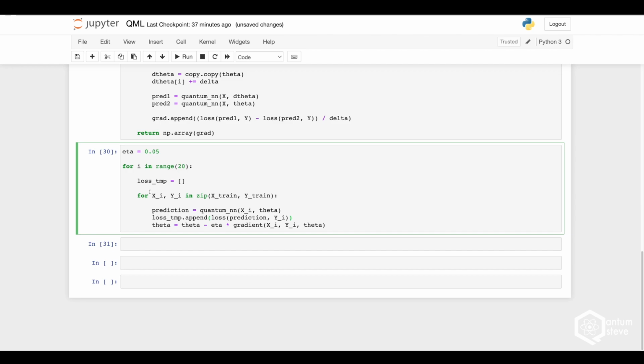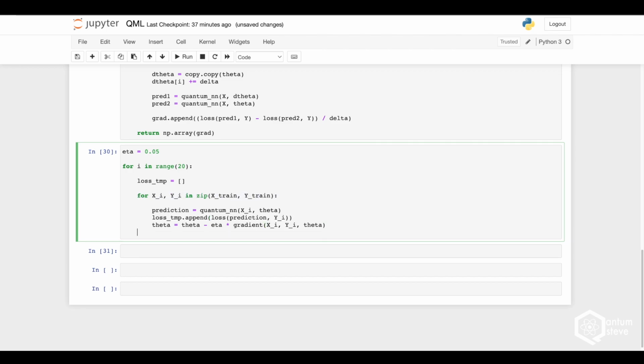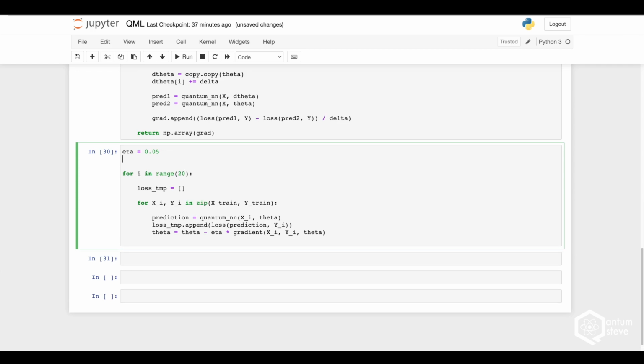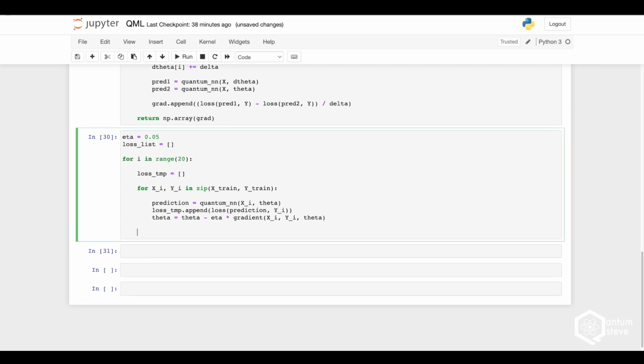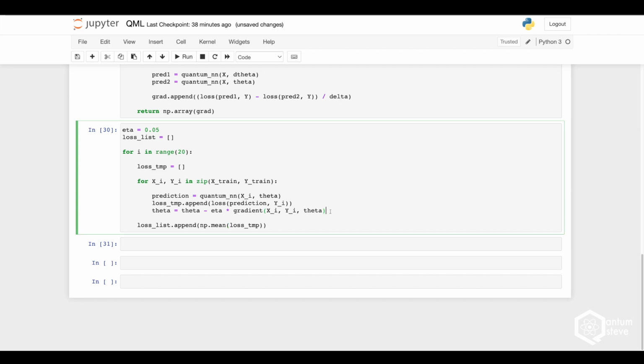Okay, so then basically for every training example, we get a loss function, and then here at the end, I'm just gonna update this loss list here with the average of the loss that we've gotten by passing through the data set once here.